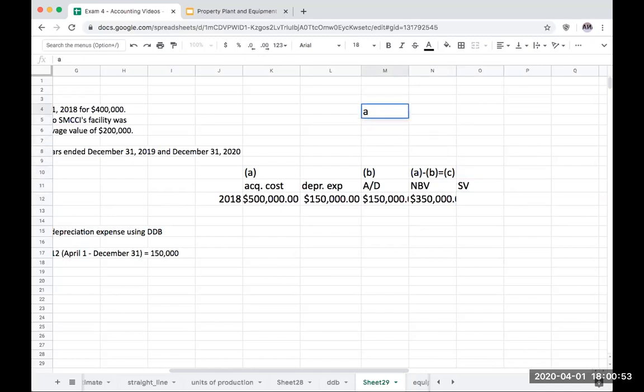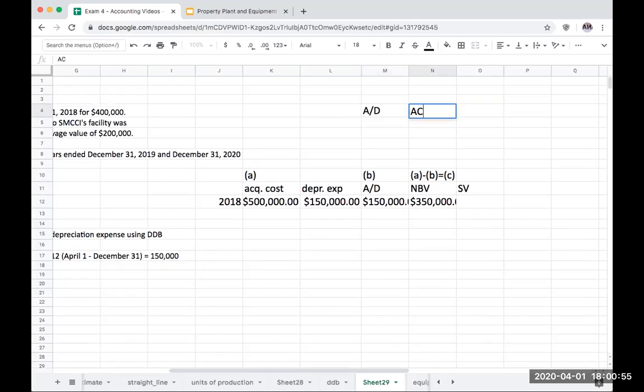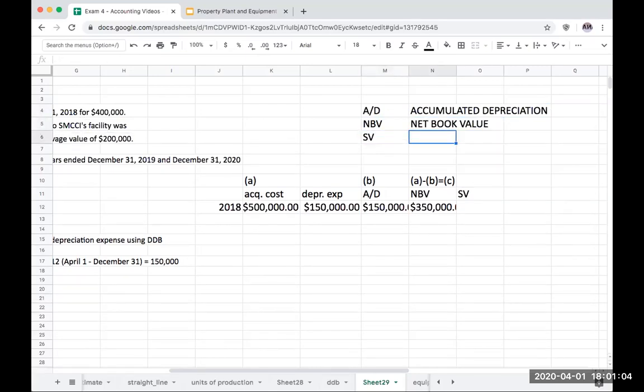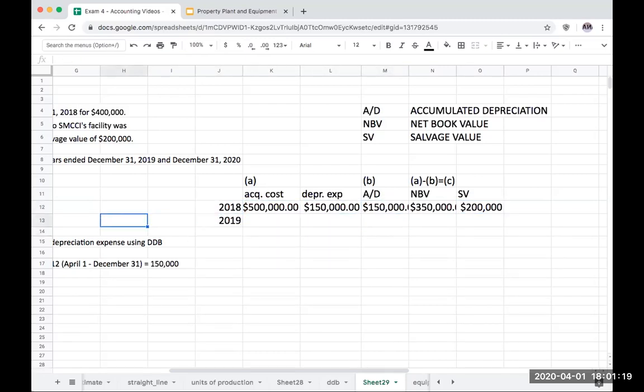And my salvage value here is $200,000. So I'm okay, at least for right now, because my net book value is greater than my salvage value. So I can continue to depreciate the equipment.